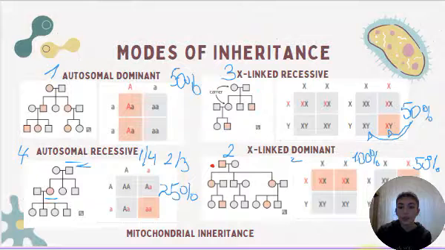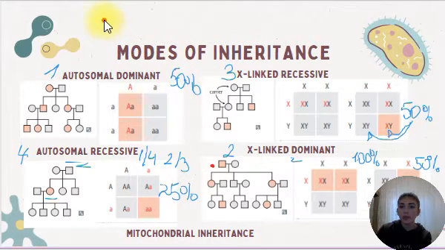Okay, so now let's talk about modes of inheritance, right? We have autosomal dominant, autosomal recessive, X-linked recessive, and X-linked dominant modes of inheritance. So how do we understand what autosomal and X-linked mean, right?